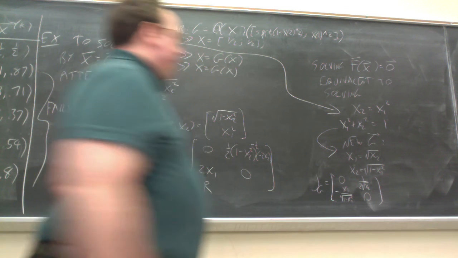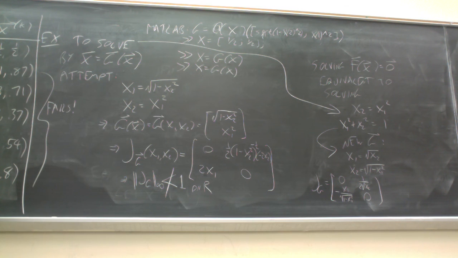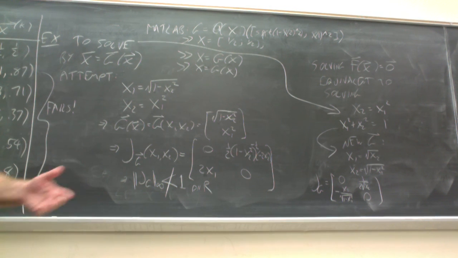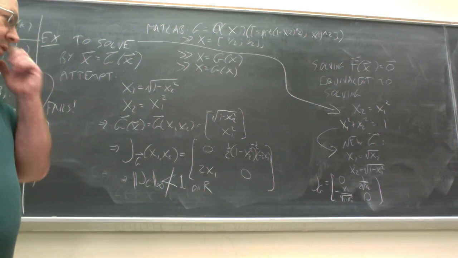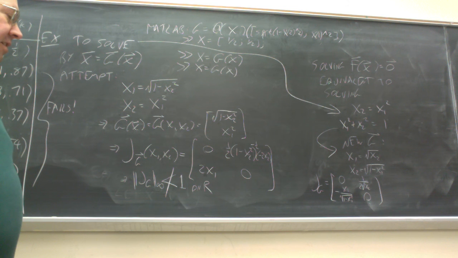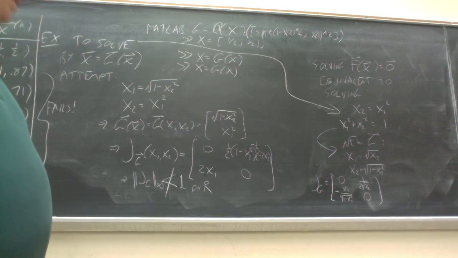So, if x2 is greater than 1/2, then that will be less than 1. The other non-zero component, if x1 is greater than 1/2, it's kind of iffy, but I think that'll turn out to be less than 1 in that case too.